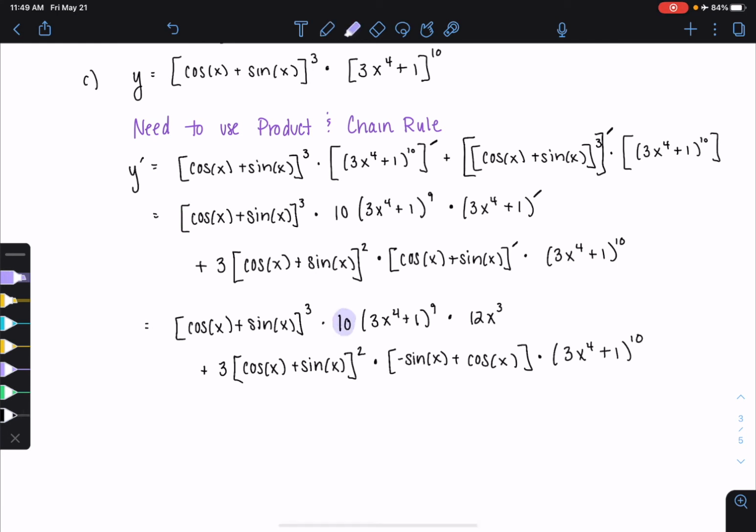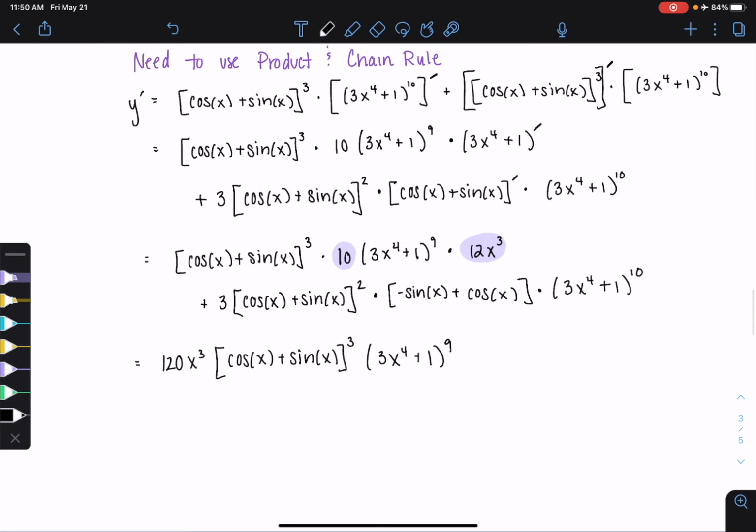I'll do one more piece because I can multiply these 2 quantities, and I'm going to put them out front. So that would be 120x cubed times cosine of x plus sine of x to the 3rd times 3x to the 4th plus 1 to the 9th.